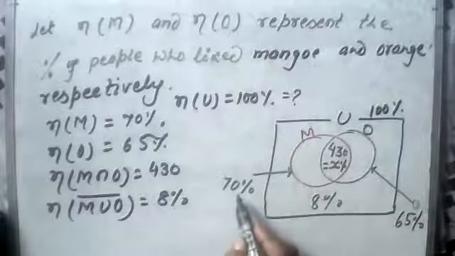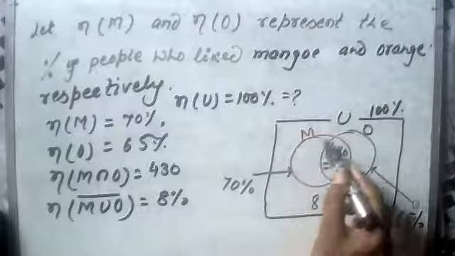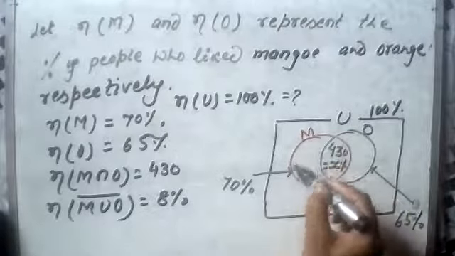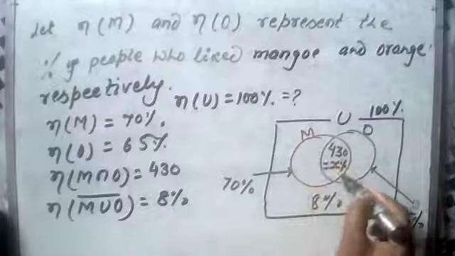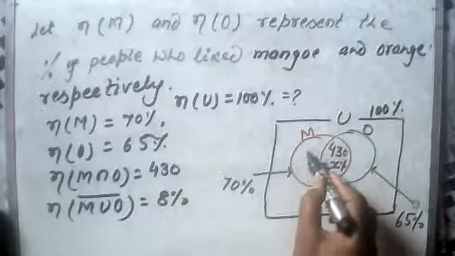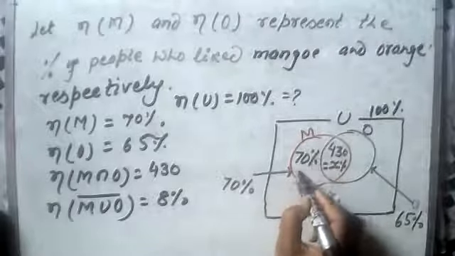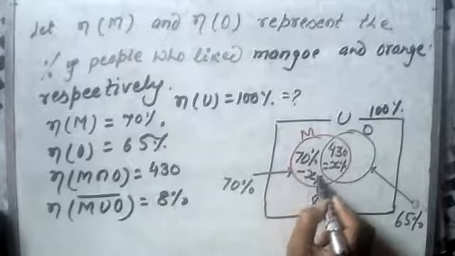Now this total represents 70%, the set of people who like mangoes. Out of 70%, X percent is already filled here, so the remaining part is 70% minus X percent.